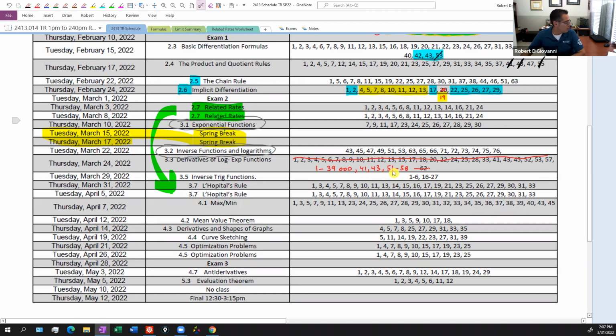Do all of the problems 51 through 58. I already did number 52 in class. Problems 51 through 58 have to do with logarithmic differentiation, which is what we've done today.